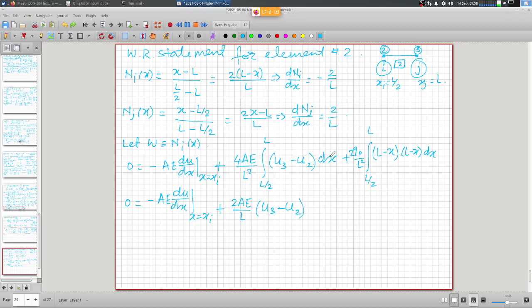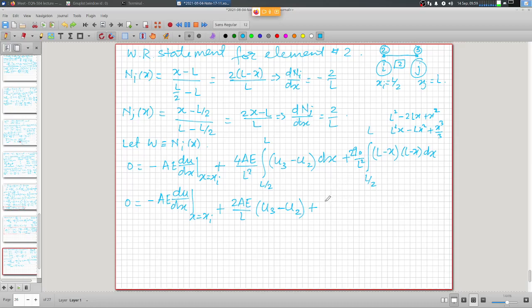This would be the integral, so x, L minus 2, L by 2, so that would be L by 2, and that will convert this to 2 by L, and this will be L squared minus twice Lx plus x squared, so L squared x minus Lx squared plus x cubed by 3.